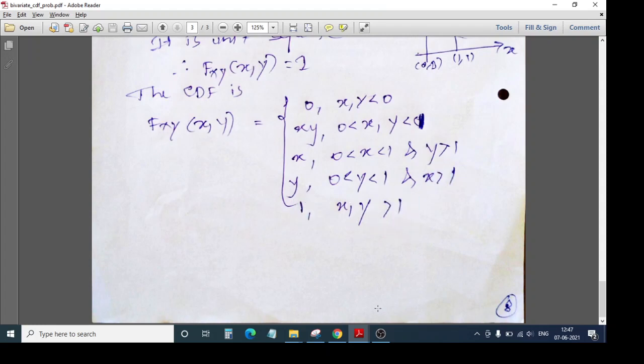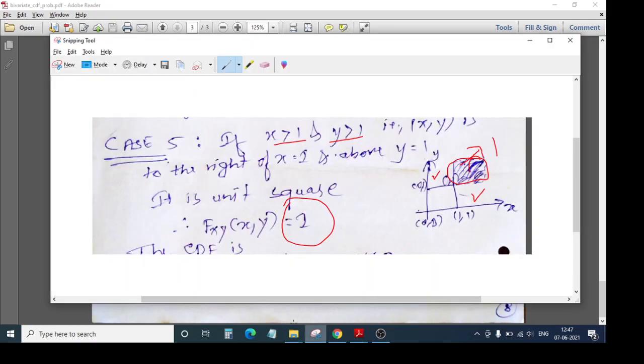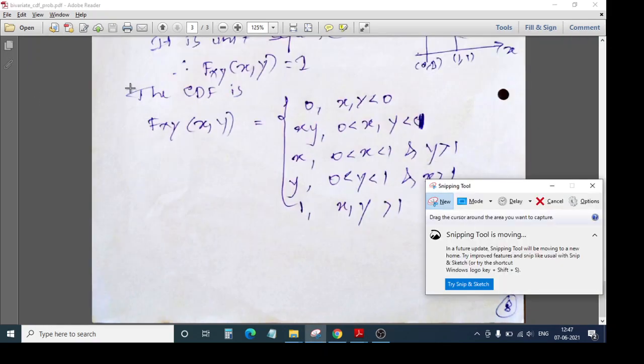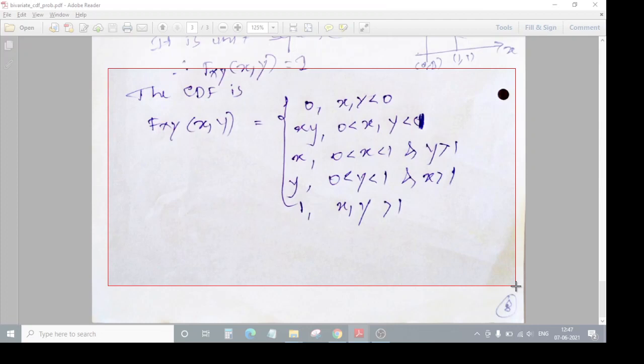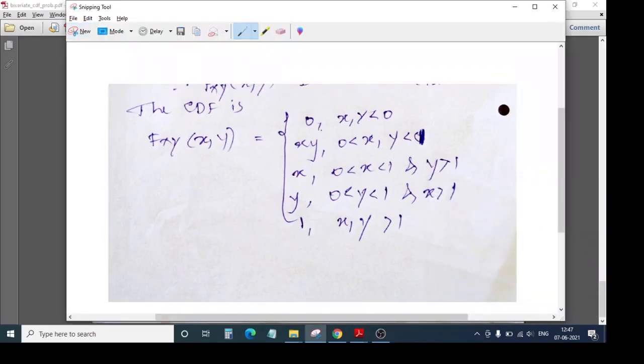Okay, so to summarize it more clearly, let me draw a diagram for you so that it becomes clear. If I have a square, this is my square. These are our coordinates. Please remember the coordinates. This is 0 0, this is 0 1, this is 1 1, and this is 1 0.